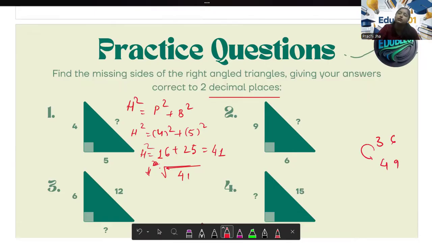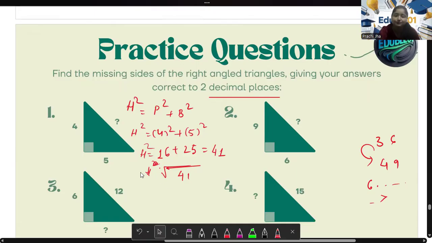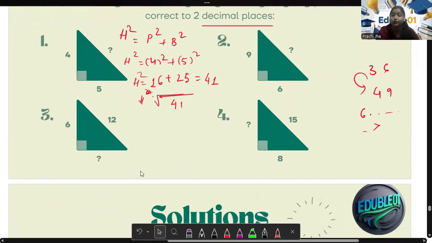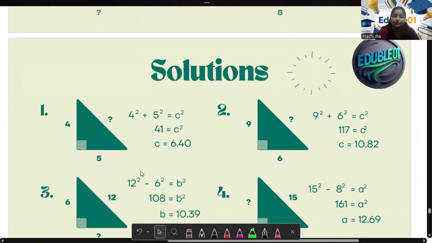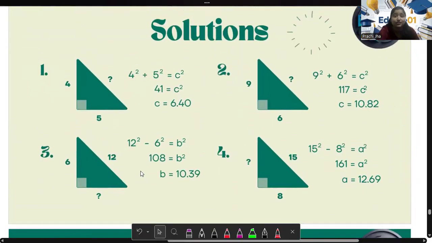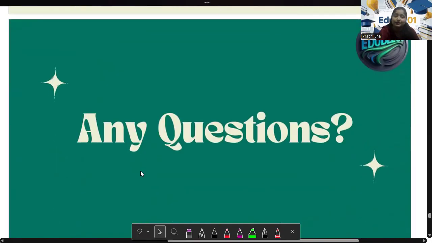So it's between 6 and 7. Basically, it's more than 6 and less than 7. So you can try and find out. You can pause the video, solve these questions and comment down your answers. You can check your answers as well.